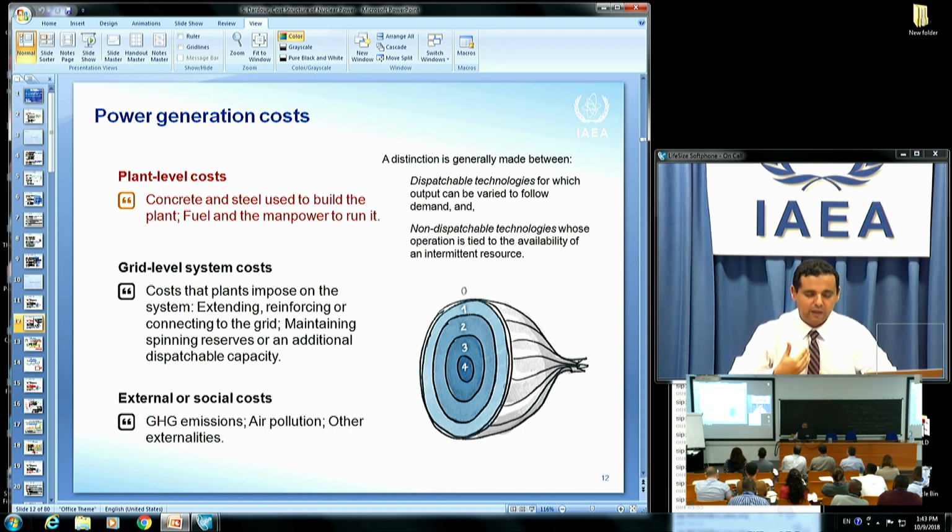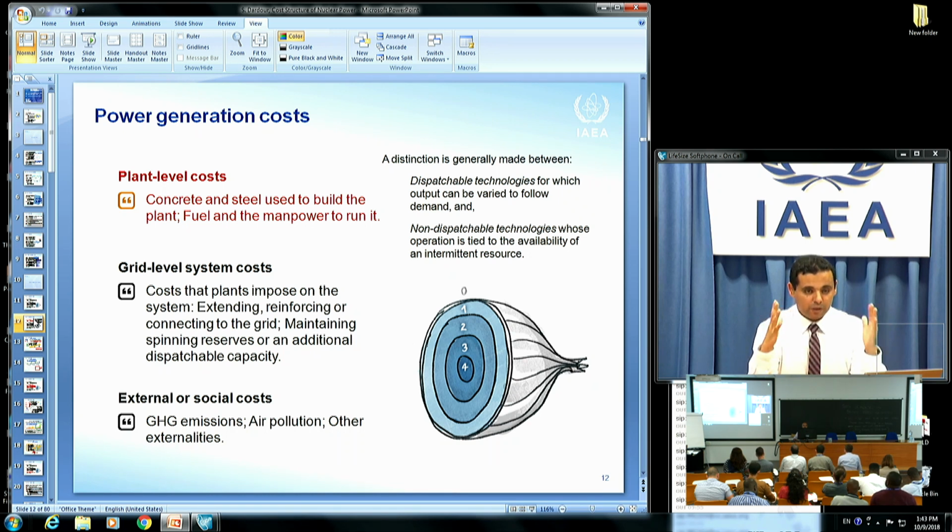And this is typically, let's say, a gas turbine. If in a country we have, for some reason, an increase in demand because the weather is colder, or in summer because it's too hot, then we can just turn on a gas turbine and the demand will be fulfilled.